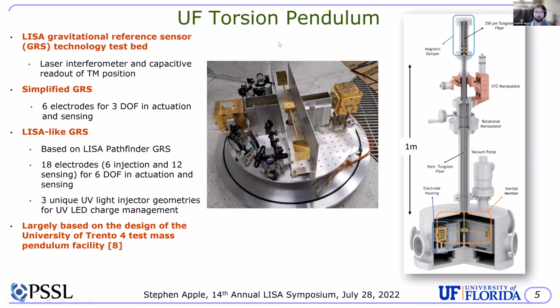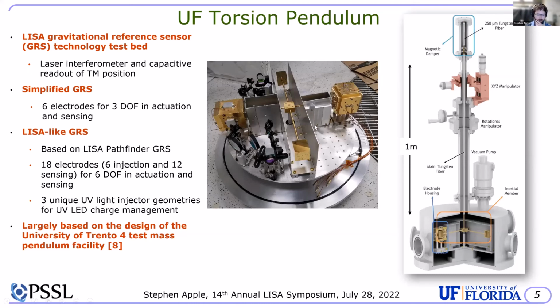You can see two of them here, and the other two are inside their electrode housings. The low thermal noise of the fiber, along with the light-weighted test masses, makes the pendulum extremely sensitive to forces acting on the test masses. This essentially gives us a near free fall condition in 1 degree of freedom.